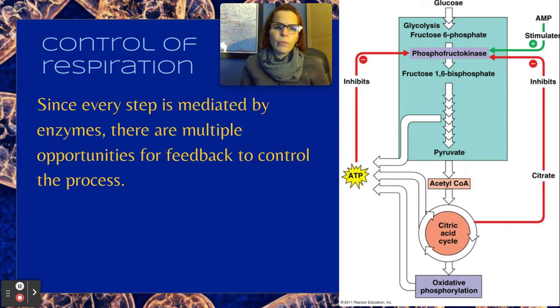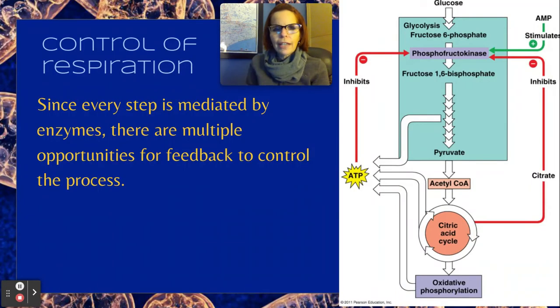So we've got to control respiration. You've already learned about this process before, but I'm reminding you that it is in fact happening all over your body. Since every step of cell respiration is mediated by enzymes, there are multiple opportunities for feedback to control the process.